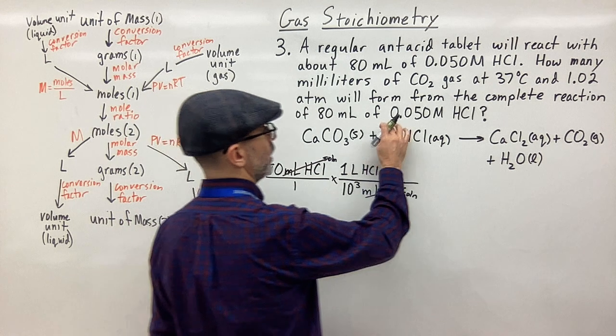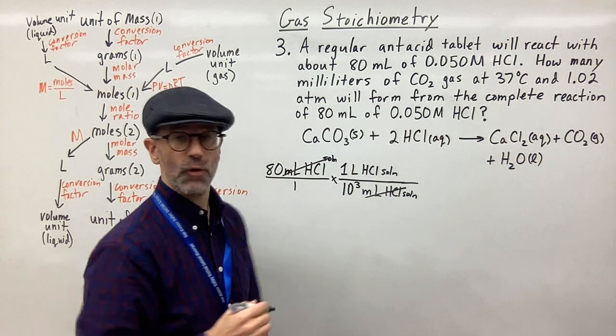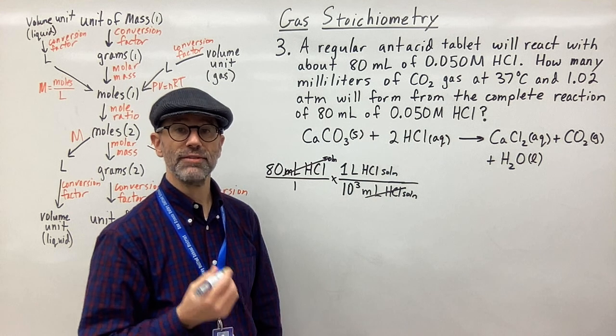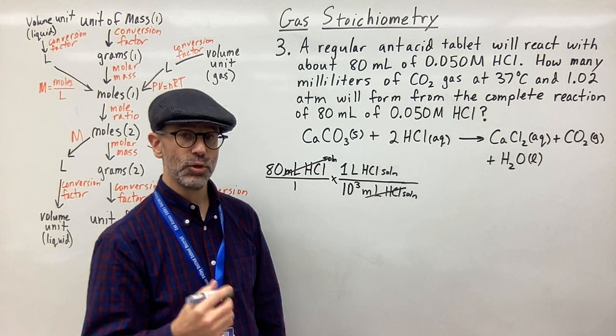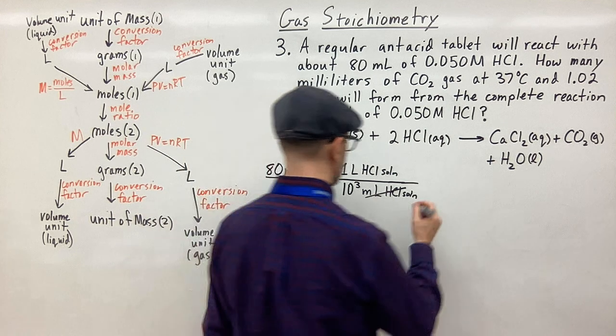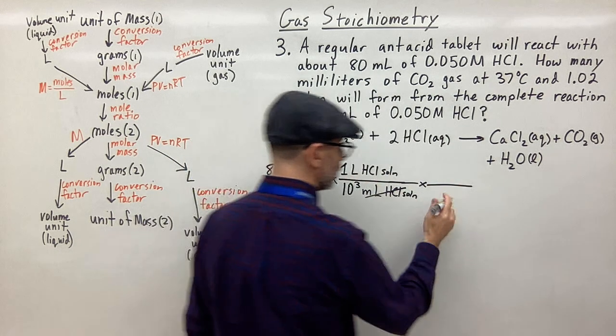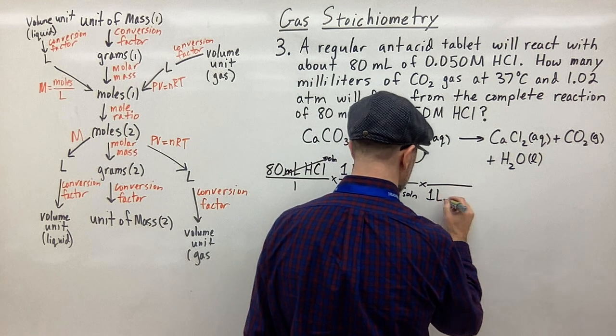So we're given the molarity of 0.050 molar. So that's 0.050 moles per liter. So we have liters on top. So we're going to put 1 liter on the bottom.